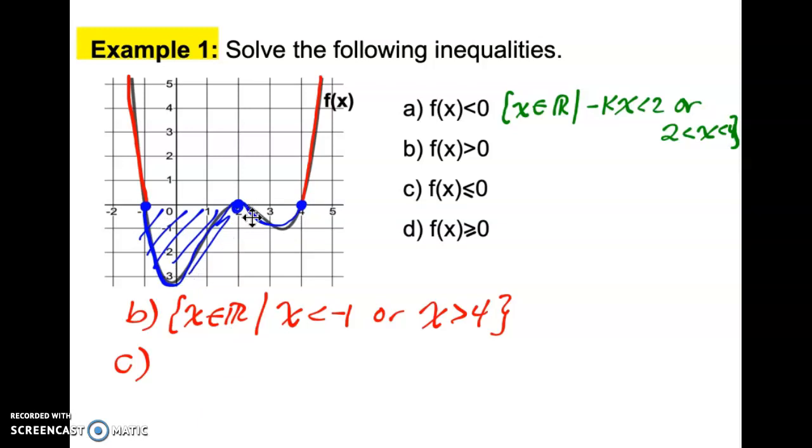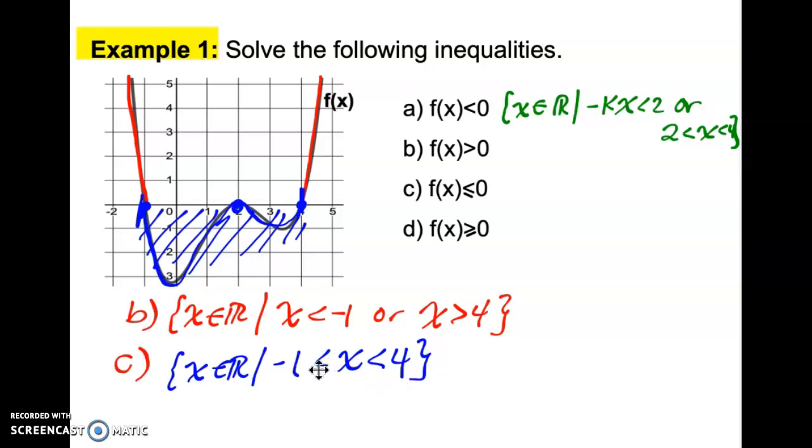So this entire segment is less than or equal to 0, all the way between -1 and 4, including those two endpoints. To write that out, we're going to say x is an element of the real numbers such that x is between -1 and 4, and we want to include the endpoints this time, so we put the equality there.